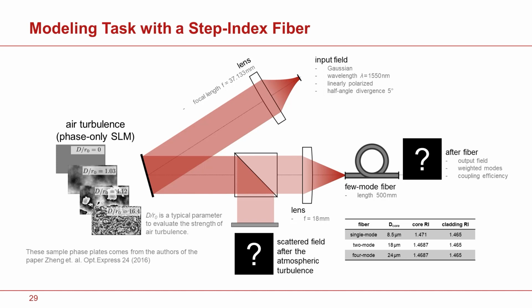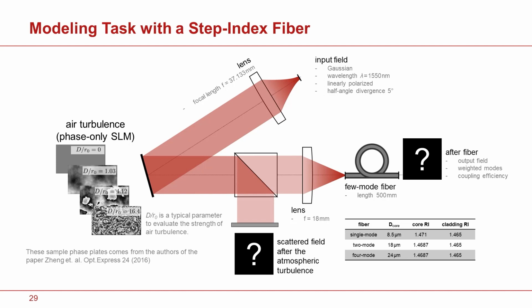And then we can also investigate the output after the fiber, which has a length of 500 millimeters. Some additional parameters of the problem are also shown on this slide.